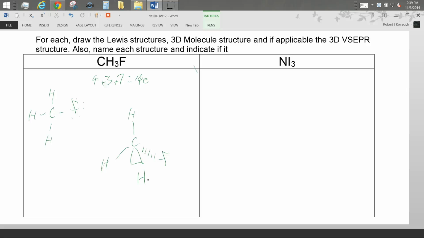All right, so the nitrogen one. I've got 5 for the nitrogen, and I have 3 times 7, so 26 electrons. Are we okay with that? So why am I going to put nitrogen in the middle? We build the most off of it. You can make 3 bonds, and the iodine can only make 1.